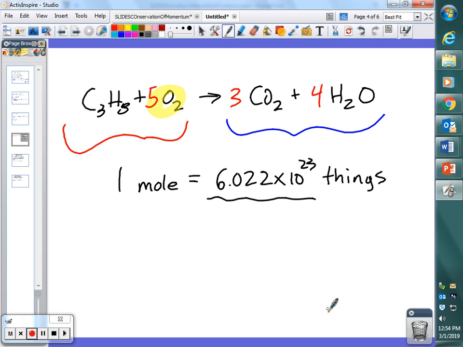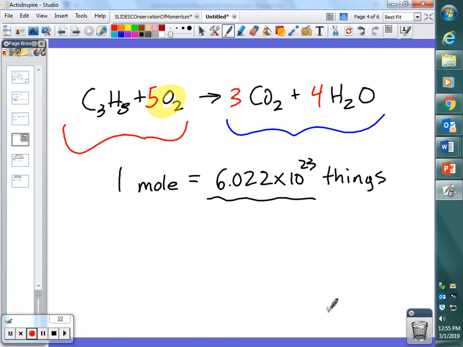Because we have 1 mole of propane, but for every 1 propane, how many oxygens do we need? 5. So if we have 1 molecule of propane, we need 5 molecules of oxygen. If we have 1 mole of propane, how much oxygen do we need? 5 moles, because we always have the same number of things.